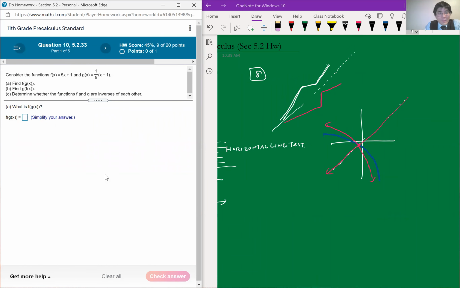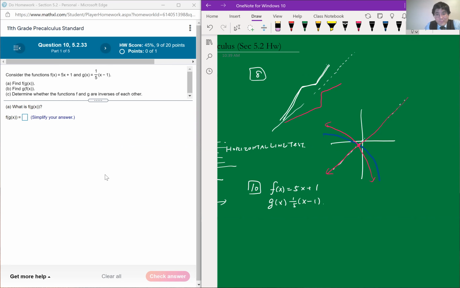Okay, number 10. Consider the function f(x) equals 5x plus 1, and g(x) equals 1/5 times x minus 1. Part A is to find the composition of the two functions, f of g of x.